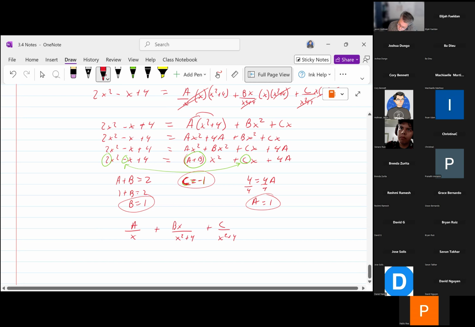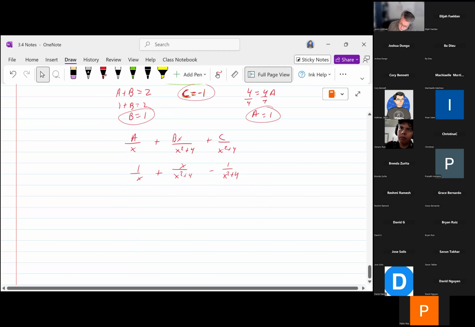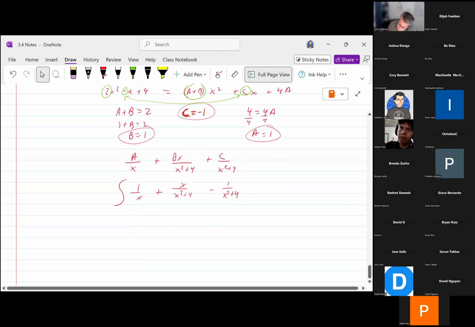So what is a? A is 1, so this is 1 over x. What's b? B is 1, so that's just x over x squared plus 4. And c is -1, so that's just -1 over x squared plus 4. So now we're going to integrate that, dx.